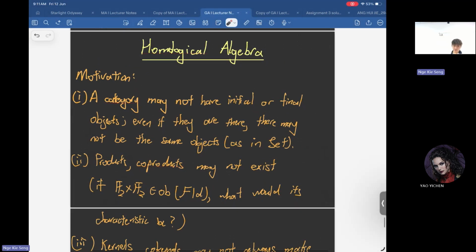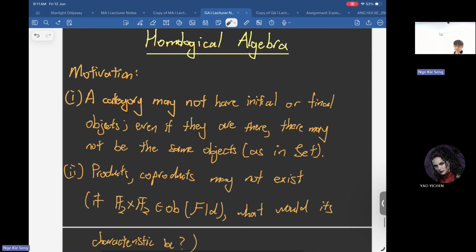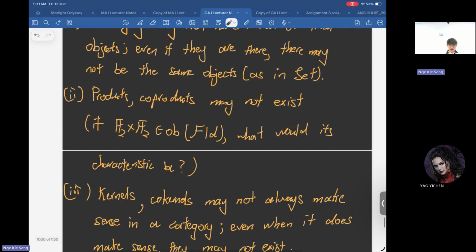Before we delve into homological algebra, something to think about is that a category might not have an initial or final object. Even if they do, they may not be the same object, like in the category of sets. And products and coproducts might not exist. For example, if you look at this category here, what category is this?